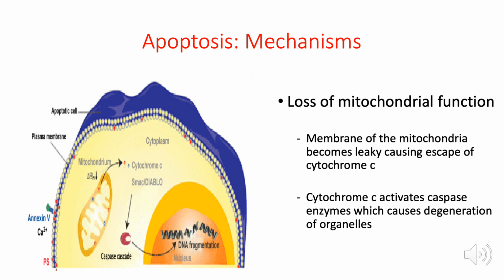So take a look at the picture of the mitochondrion in the slide. You have there the release of cytochrome C from the mitochondrion because of the increased permeability of its membrane, and that cytochrome C will activate an enzyme which is called caspase, and caspase now will cause the degeneration of the organelles of the cell because the cell is about to die.